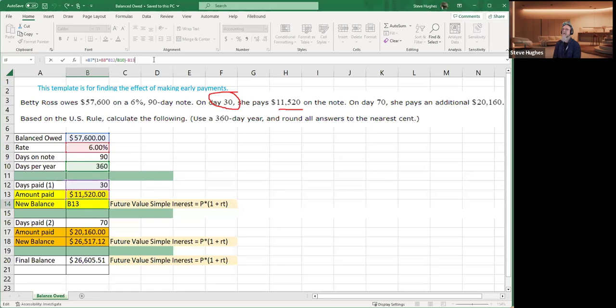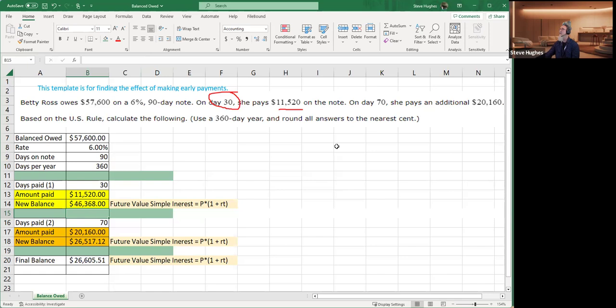Once I've done that, I subtract the payment that I just paid, the $11,520, and I end up with a balance of $46,368. Make sure if you put this in your homework question that you put the comma in there. So 46,368, and you're good to go. So at that time, on day 30, they now owe $46,368.